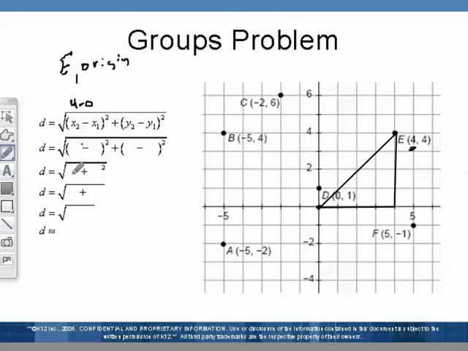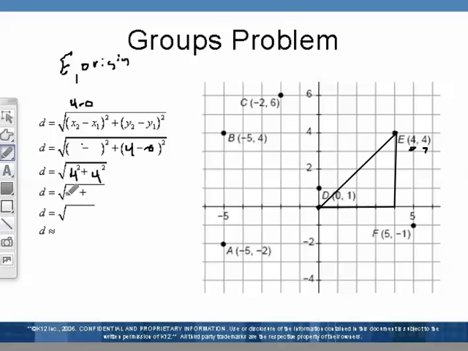That's going to be 4 squared. And the other one, I'm going to take the difference in my y values, and the y value here is 4, and my y value at the origin is 0, so that's going to be 4 minus 0, or 4.